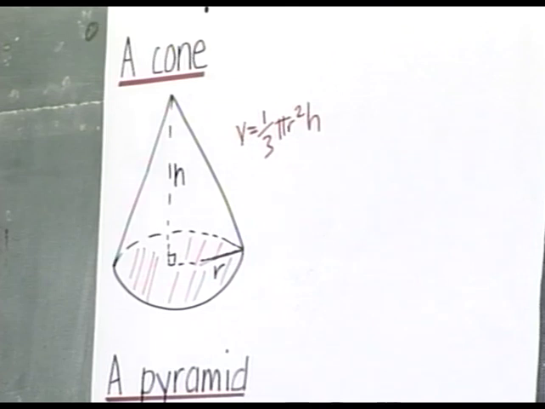To get the volume of a cone, you multiply 1/3 times pi r squared times height. It's 1/3 because the cone makes up 1/3 of the cylinder.